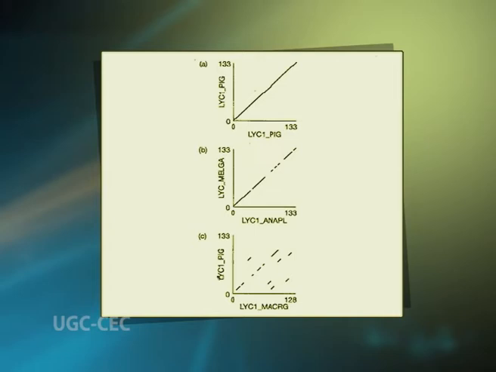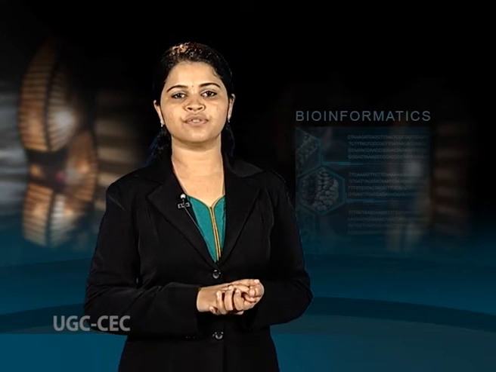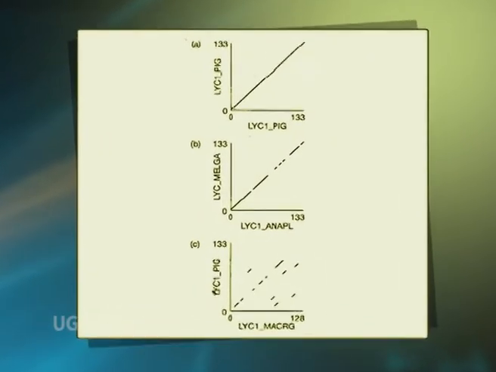Figure 4, graphical representation of dot plots showing A, two identical sequences, B, two highly similar sequences, C, two different but related sequences, adopted from Atwood and Parry-Smith, Pearson Education. Within a dot plot, two identical sequences are characterized by a single unbroken diagonal line across the plot, as shown in figure 4a. Two similar sequences will be characterized by a broken diagonal.